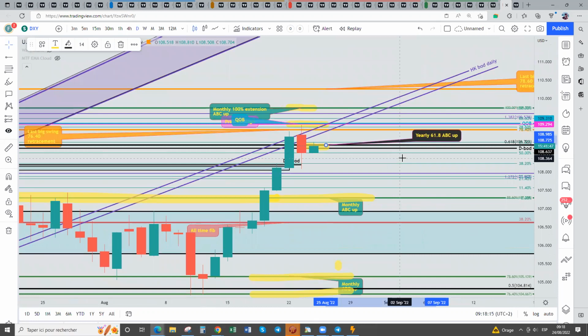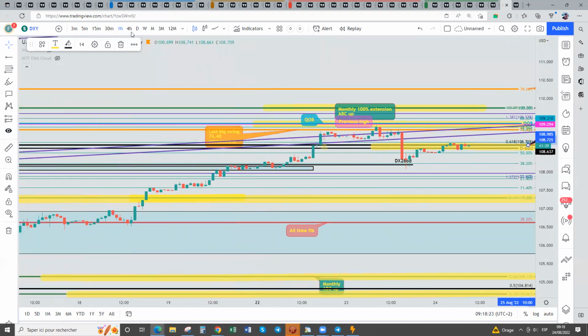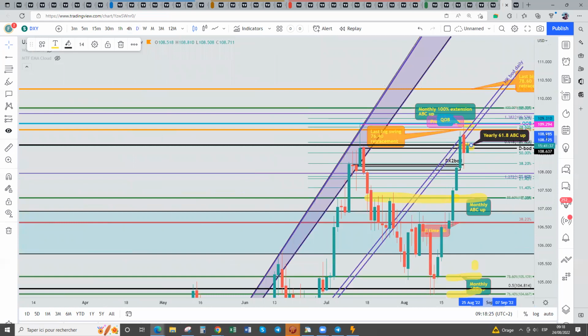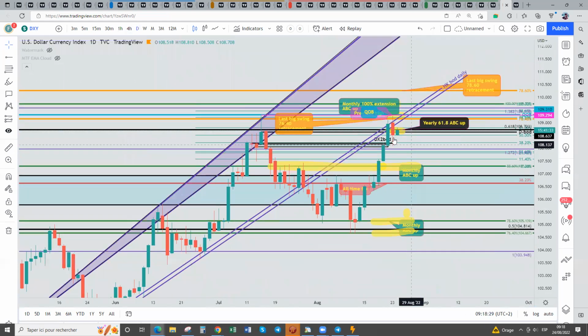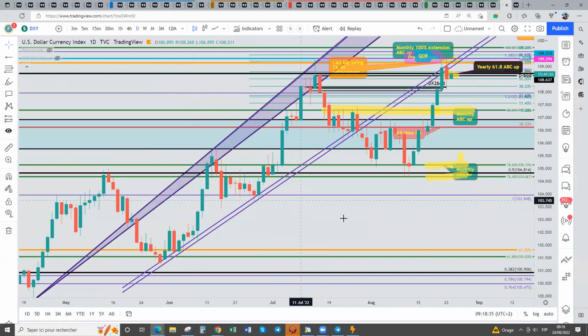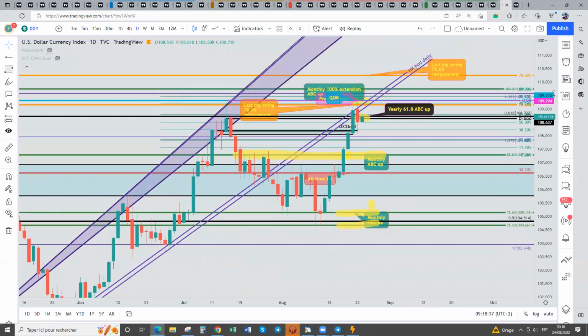Concerning Dixie, let's go ahead with it now. On a longer perspective, what do we have? Let's stay on the daily first, it's easier to look at. We broke above this trend line, which is the inside daily trend line. That's not the most important.